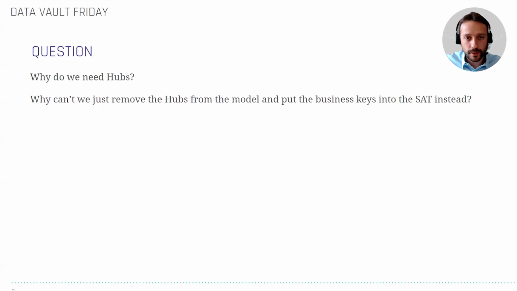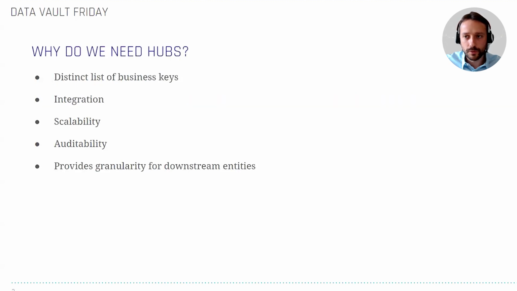All right, so first of all, what is a hub? A hub stores a distinct list of business keys, and it provides a consistent way to integrate data from various source systems. By consolidating different representations of the same entity into a single hub, you ensure consistency across the data warehouse.